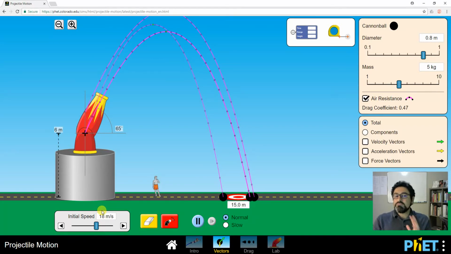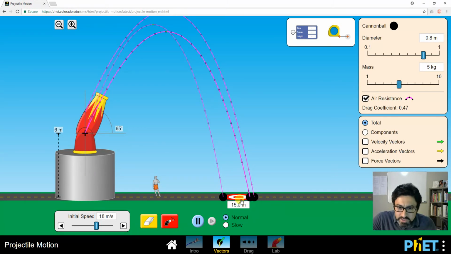Speed, in general terms, we use as a scalar, which basically just tells you about the magnitude of the velocity of the cannonball, right? And also we have the direction of the cannonball, right? So the speed of the cannonball and the direction of the cannonball make up the velocity of the cannonball, which is a vector. All right, cool.